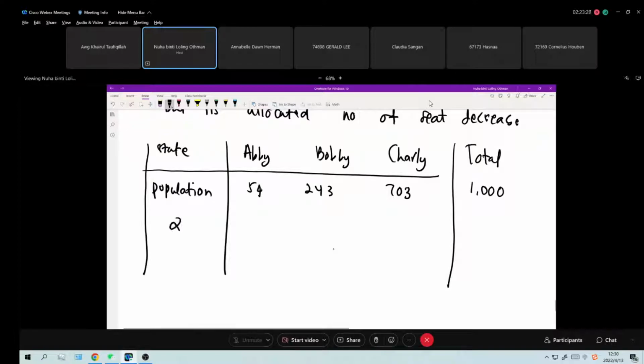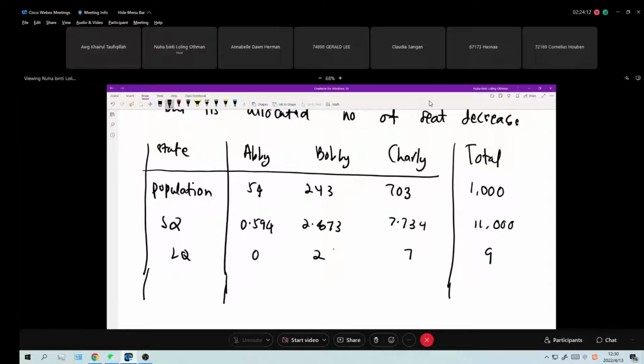Okay, so this is the standard quota. You need to find the standard divisor first, of course, then you find the standard quota: 0.594, 2.673 and 7.734. The lower quotas are 0, 2 and 7.